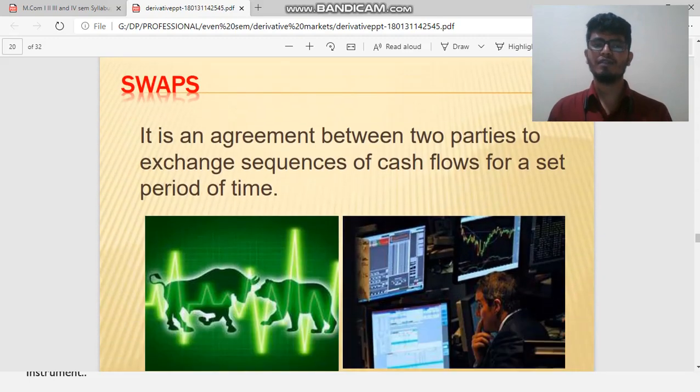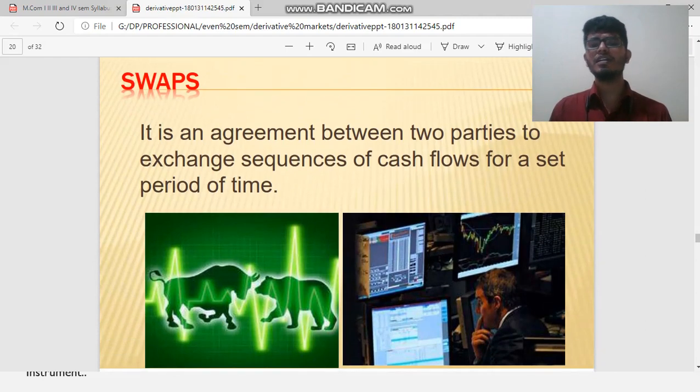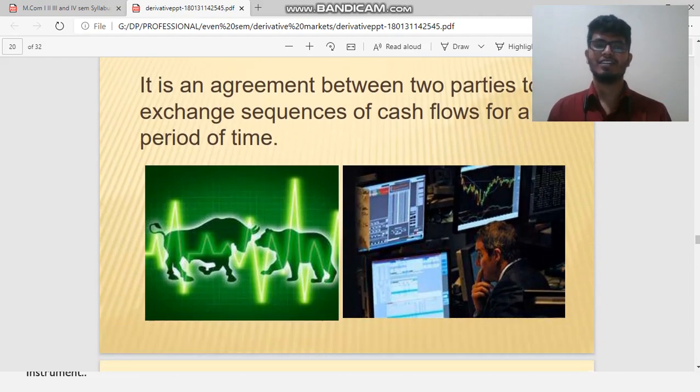We'll go for swaps. This is nothing but a barter system, an exchange. It is an agreement between two parties to exchange a sequence of cash flows for a set period of time. It is like exchanging debenture interest: one debenture has a fixed interest, another debenture has a floating interest.